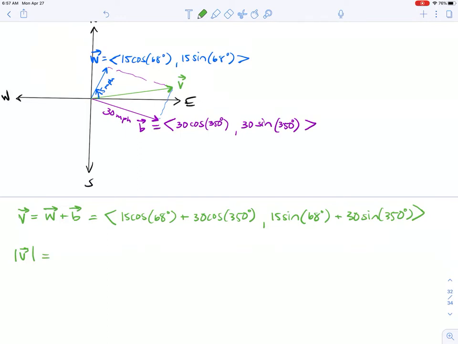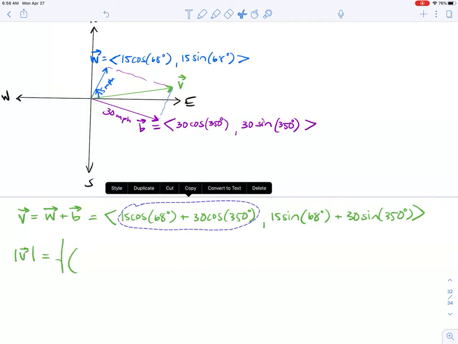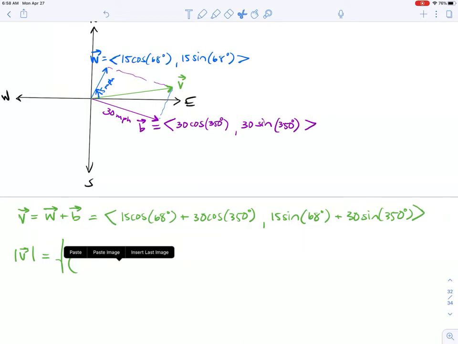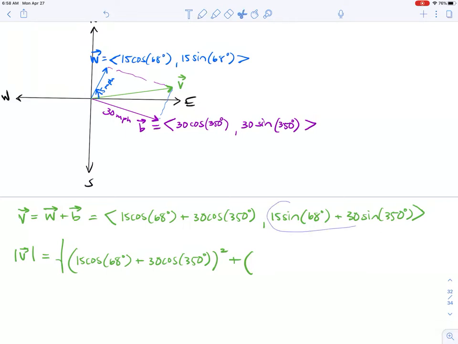Okay, so let's find the magnitude of vector V, which will represent the actual speed of the boat. So that will be the square root of the horizontal component squared. Instead of writing that out, I'm going to copy and paste.